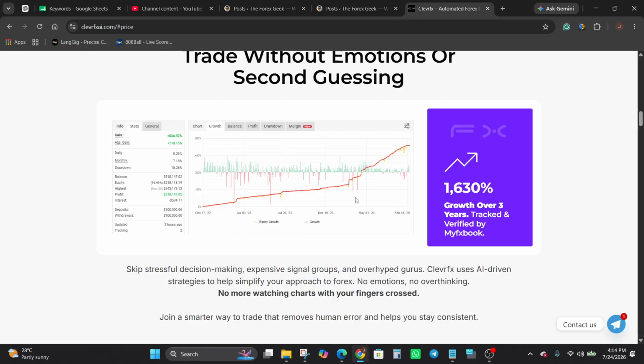The account shows a total gain of 534.97% and an absolute gain of 518.15%, with a recorded peak drawdown of 18.26%. The daily average stands at 0.23% and monthly at 7.18%. The historical equity curve demonstrates consistent long-term upward trajectory, interrupted by occasional drawdown periods where floating equity temporarily dipped below balance before recovery.